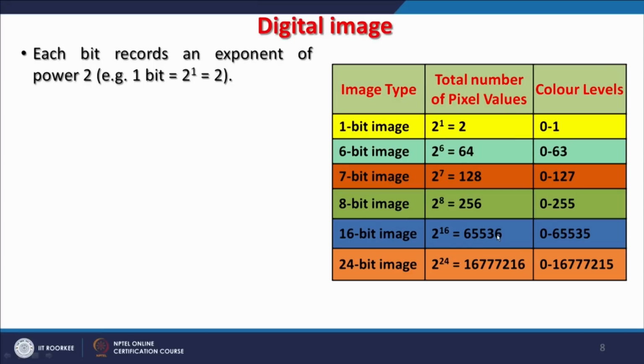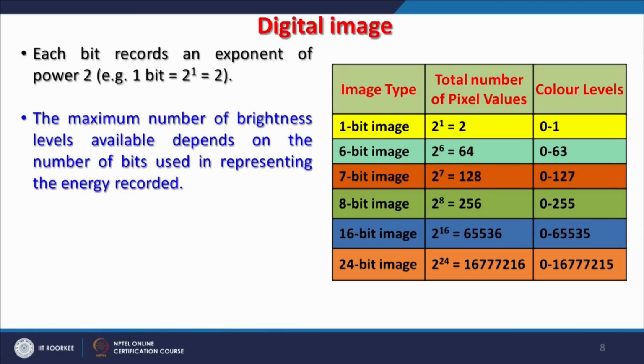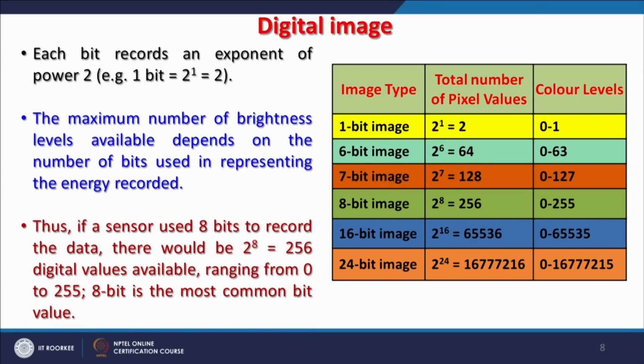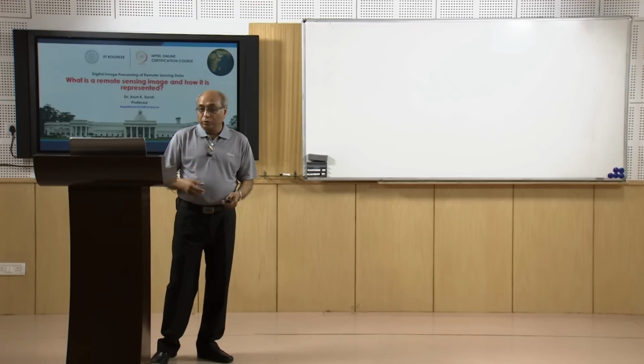So as you go higher and higher in bits, the availability of total number of shades or colors increases. The maximum number of brightness levels available depends on the number of bits used to represent the energy recorded. Higher the bit, the better and clearer the picture. Lower the bits, like in a binary image, you can have only black or white, not in-between values.